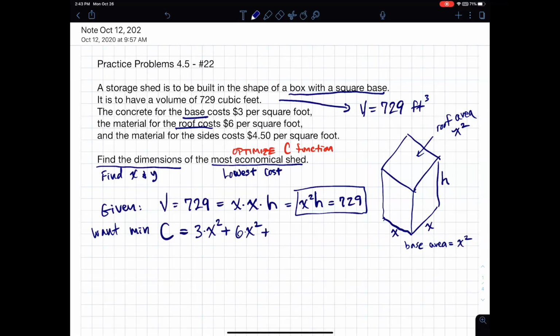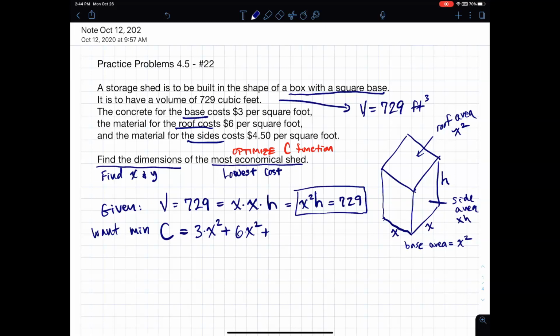Then finally we have the sides, and we want to get the cost of the sides. So there's 4 sides going around the box, and each side has an area. Each side area is base times height, which is xh, x times h, and there's 4 of those.